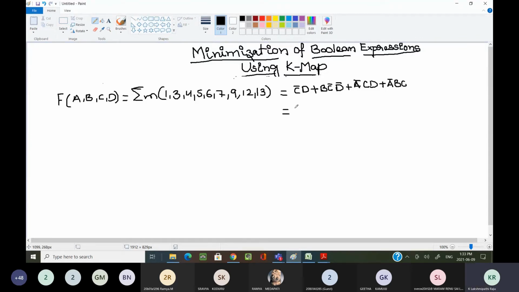B C bar plus C bar D plus A bar B plus A bar D bar.